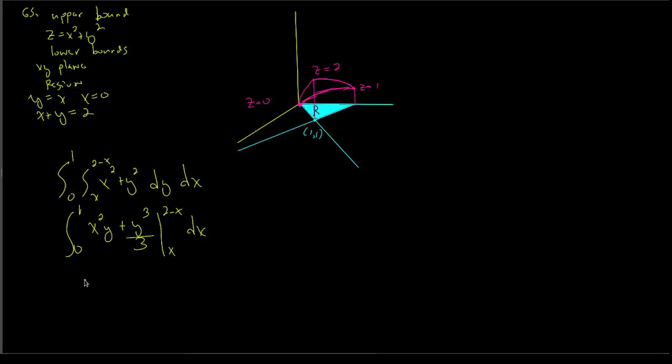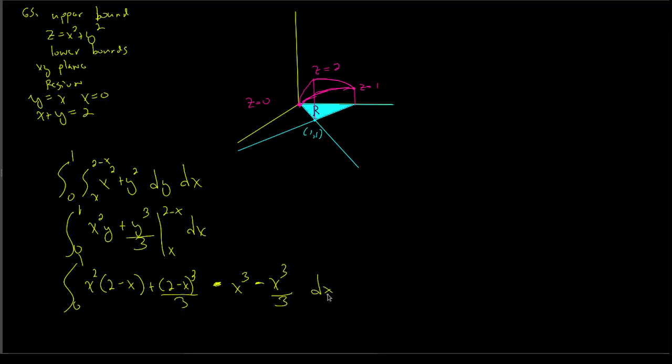Let's do a little playing here. We're going to have x squared times (2 minus x) plus (2 minus x) cubed all over 3, minus x cubed over 3.